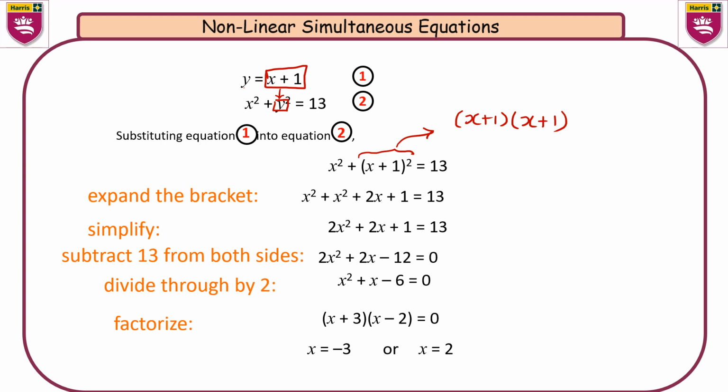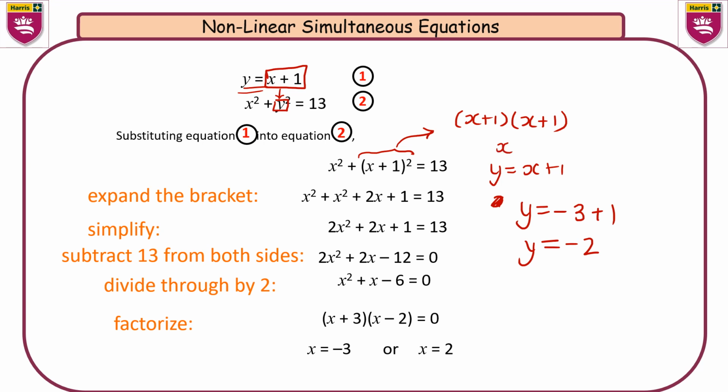What we're then going to be doing is to just substitute these values into our y. So if y is x plus 1, then if I substitute negative 3, the y is going to be negative 2.